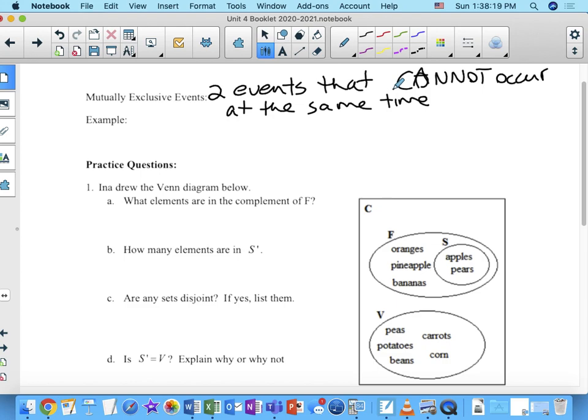One of them is on July 1st, the other one is on December 25th. Those are mutually exclusive. Canada Day and Christmas are mutually exclusive.